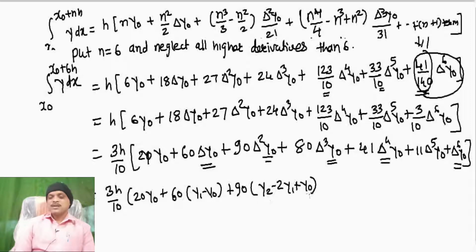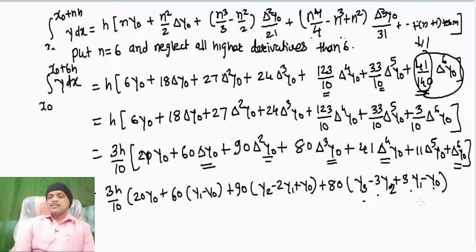Plus 80 into delta cube y0, that is y3 minus 3y2 plus 3y1 minus y0; coefficients 1, 3, 3 and 1.